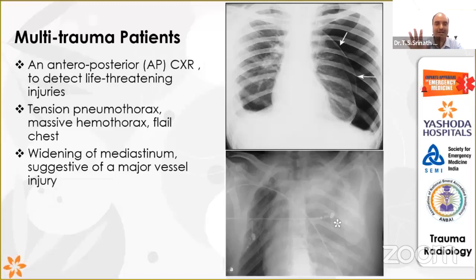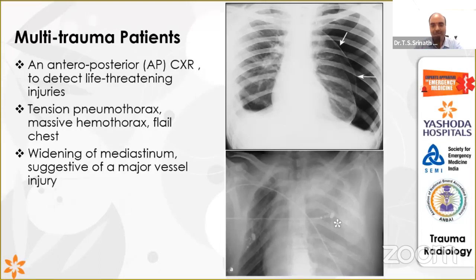Next slide, please. So the next thing is the lateral C-spine radiograph to detect major C-spine injury. See here, whenever you take a C-spine X-ray, most of the time what we see is between C1 to C5. That is not correct. C-spine means C1 to C7. All 7 vertebrae must be visible.